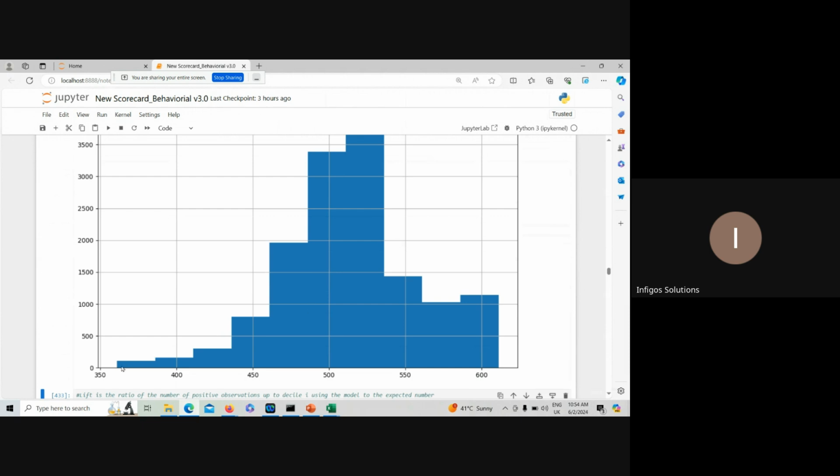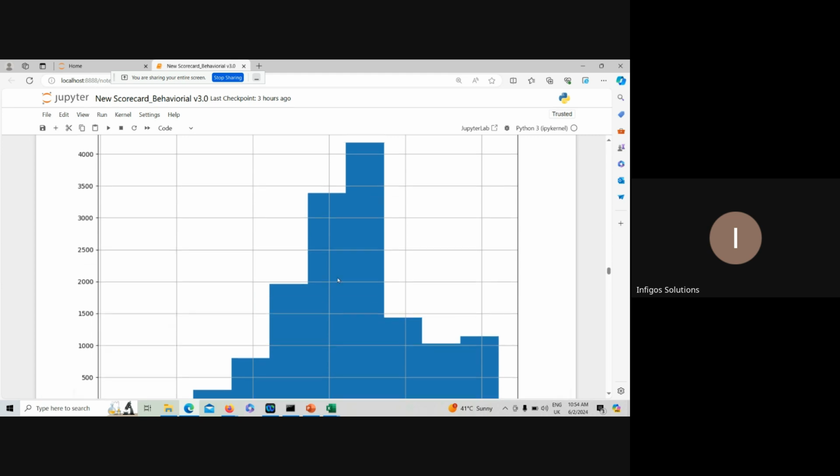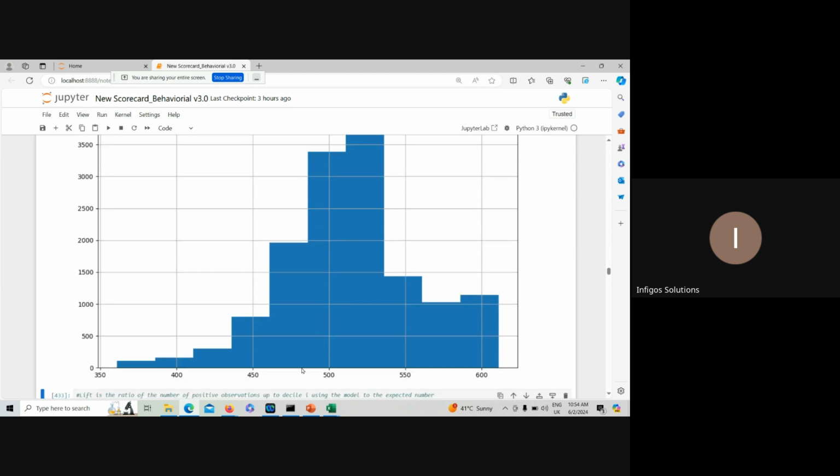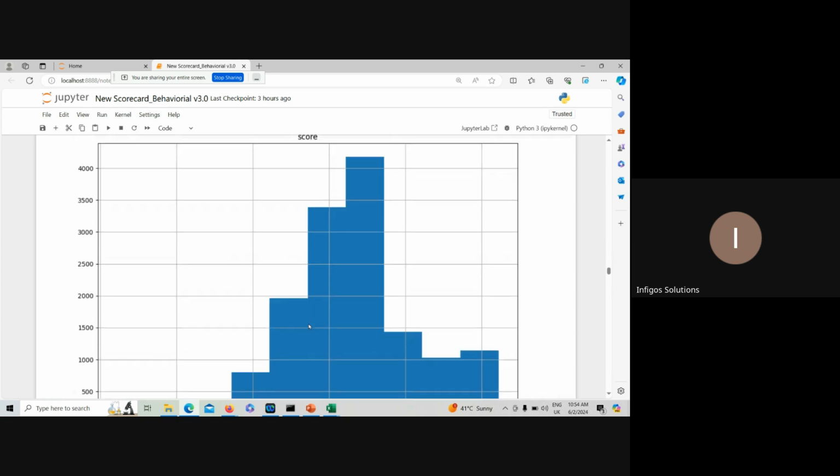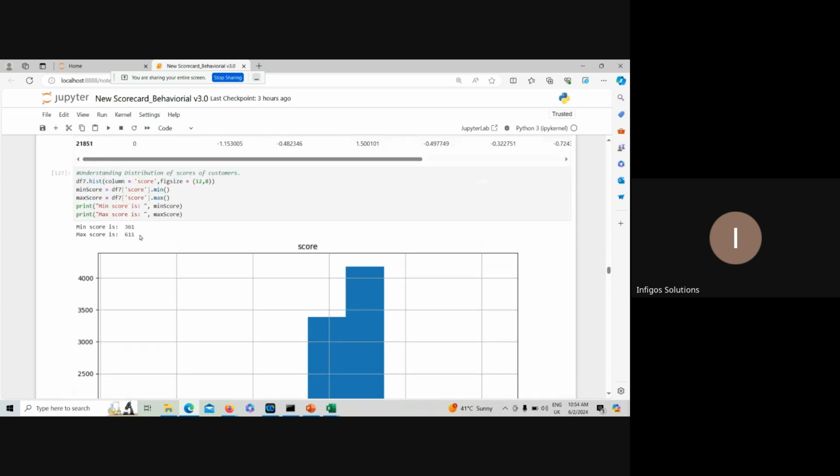Most of them have a good score, about 450. Minimum score is 361, maximum score is 611. Depending upon the values of PDO, odds, and score, you will have this kind of range.